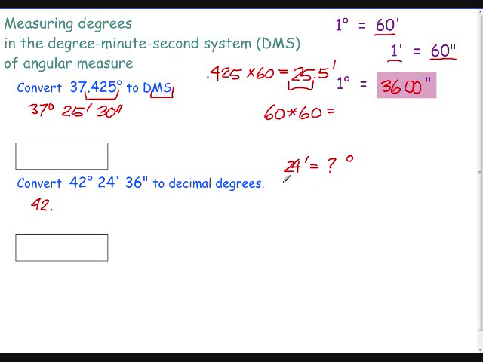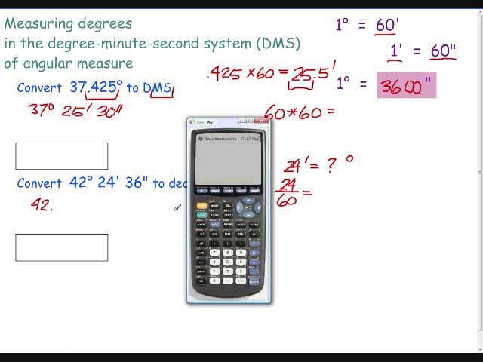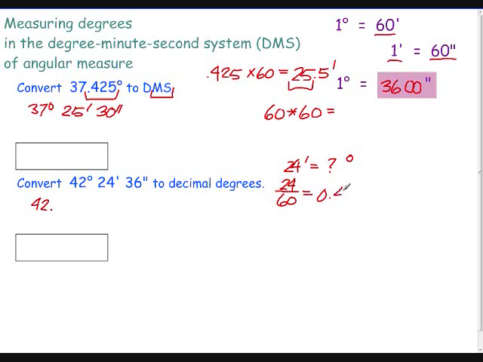If we divide 24 by 60, we'll have our answer. So let's pull up our calculator. 24, it's going to be something less than 1, isn't it? Better turn it on. 24 divided by 60. Okay, so it's 0.4. It turned out to be even, so you don't have to worry about going any further.